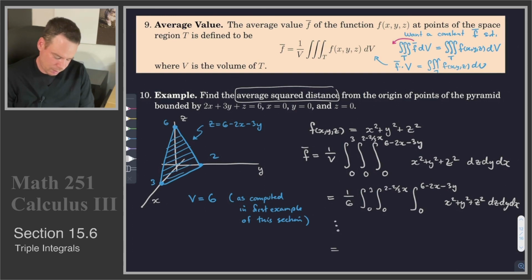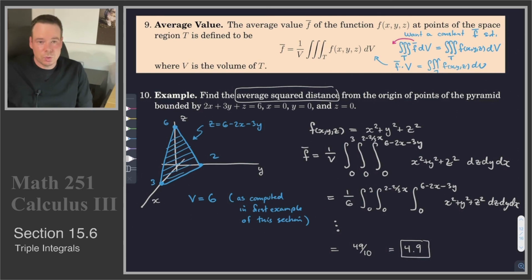We can go ahead and compute this, and what we end up getting is the value of 49 tenths, or in other words, 4.9. So that is the average square of the distance from a point in this tetrahedron, in this pyramid, to the origin.